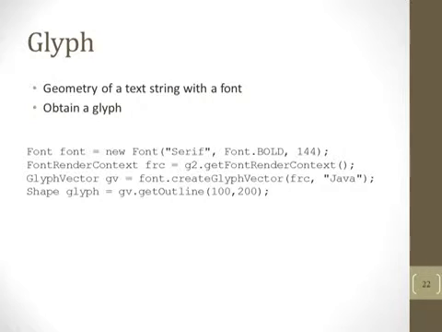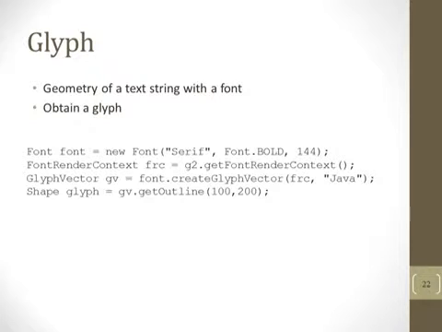To obtain a glyph vector object for a string corresponding to a font, we use the method of Font, as we can see here: GlyphVector gv = font.createGlyphVector(frc, "Java"). First, the font render context object defines certain measurements necessary to render a font.